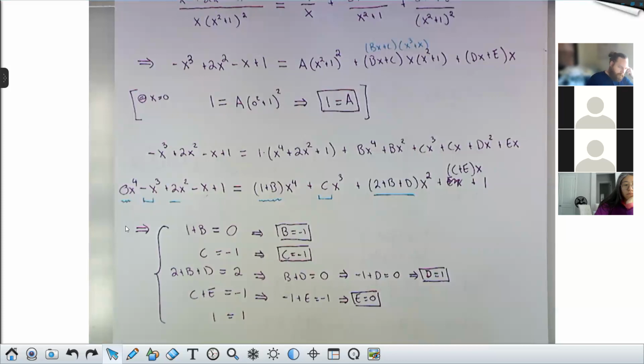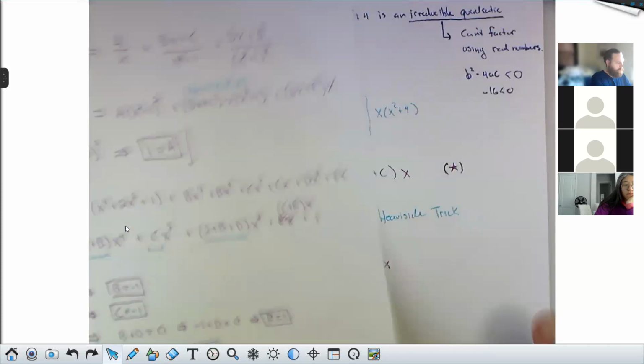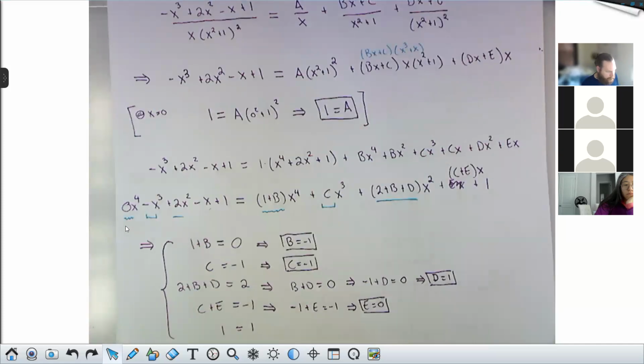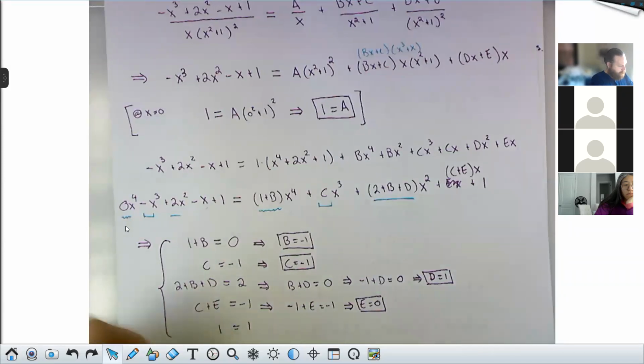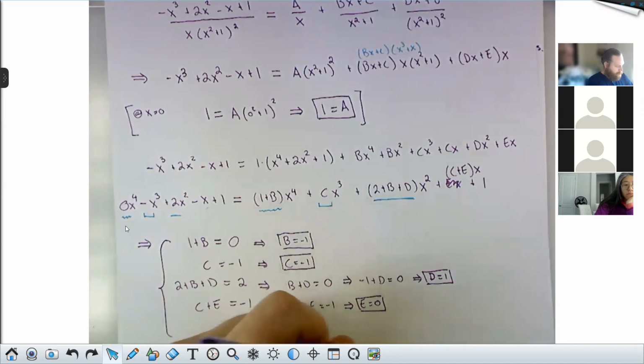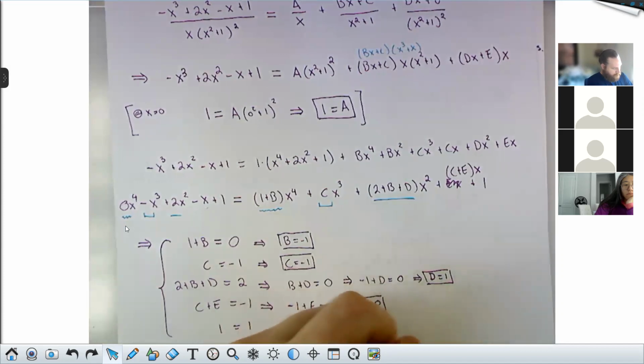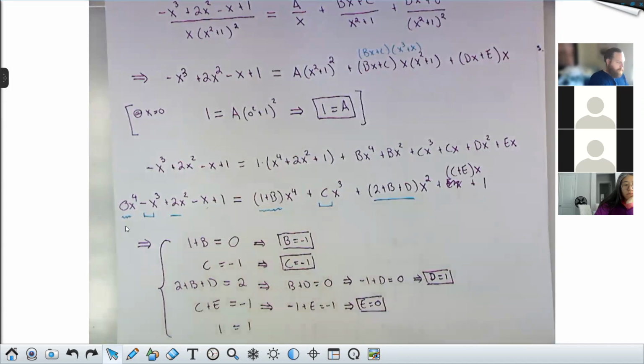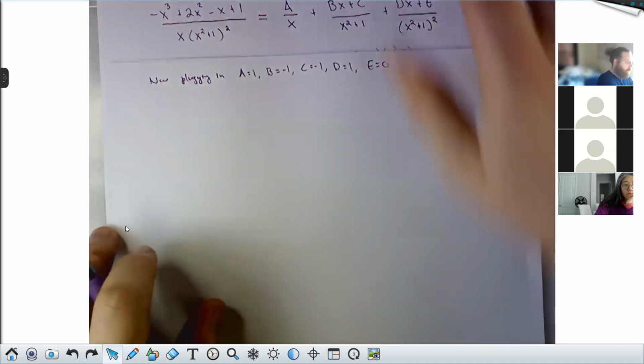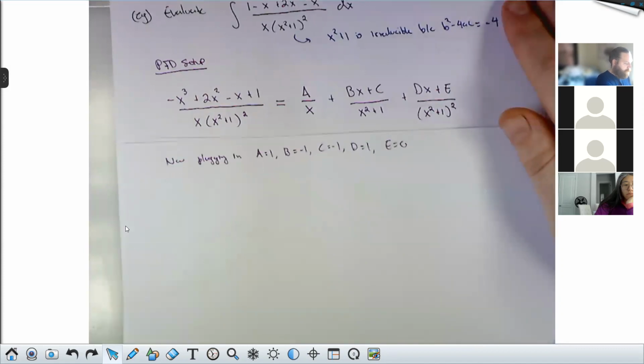Okay, then let's go back, plug everything in, and see if we can do the integral. Fresh paper. So what did we have? Let me just write this down. We're going to come back up here and plug those values in.